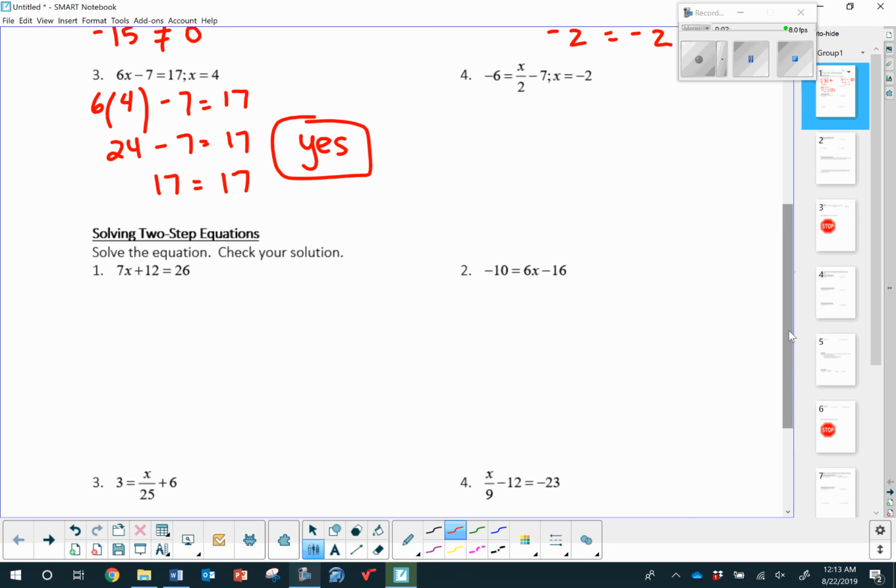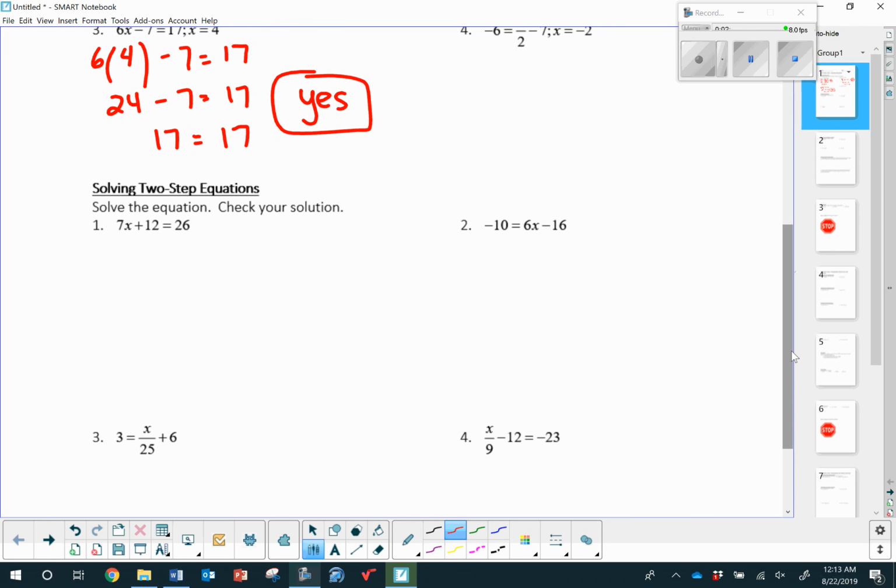All right, so let's go ahead and think about solving two-step equations. Our goal is still the same as it was in a one-step equation, and that's to get the variable by itself. So in order to do that, I need to isolate the variable. In our first example, 7x plus 12 equals 26. The first thing I'm going to do is get rid of that 12.